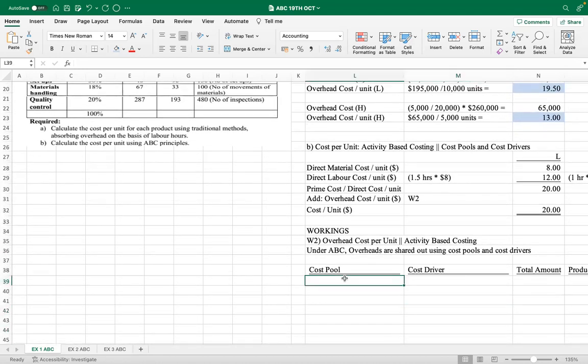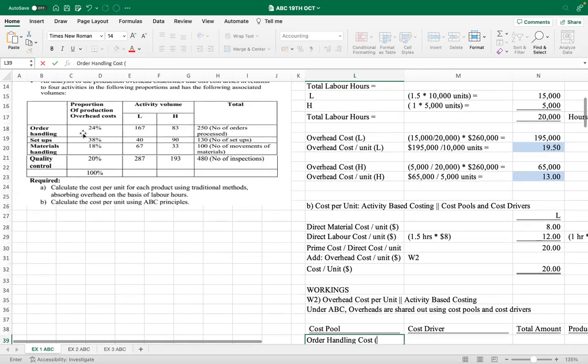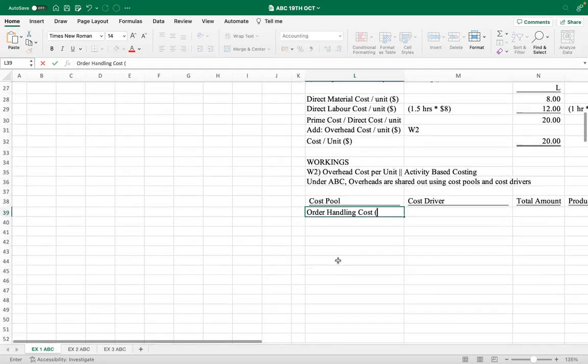So cost pool, order handling costs. It is 24% times 260,000.